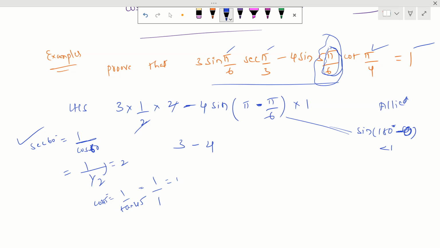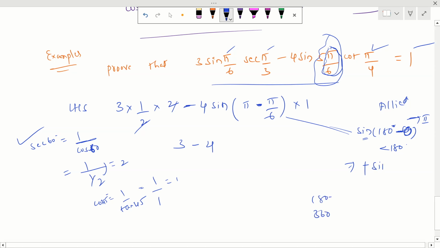In the second quadrant, sine and cosecant are positive and the remaining are negative. Therefore it is positive. And we know that for 180 degrees and 360 degrees, sine remains sine. So here we will have sine theta, where theta is pi by 6. I am writing sine pi by 6 into 1.